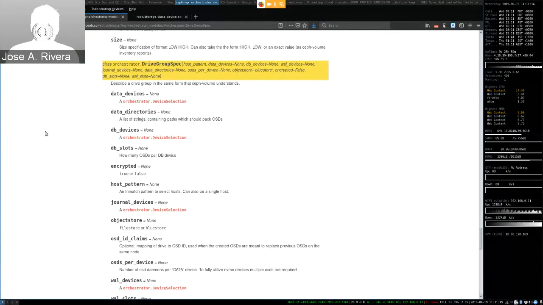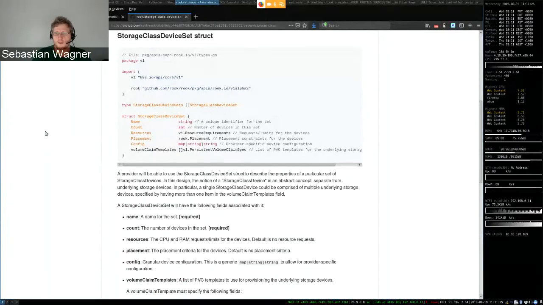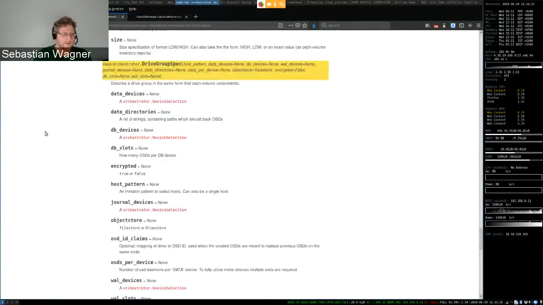Right. That sounds like a great possibility for how to implement this under the covers. I don't see how it affects the design at this level. The sub thing is a device selection, which is a selection of devices. Think of a set of devices on a given host.